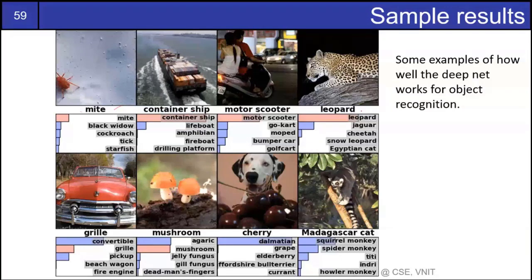For example, in this image there are two objects, so this has been classified as a cherry object, but you can see this dog is also a major portion of it. Because there are multiple objects present in these images, this CNN was probably predicting the species of that dog as the output rather than the cherries.